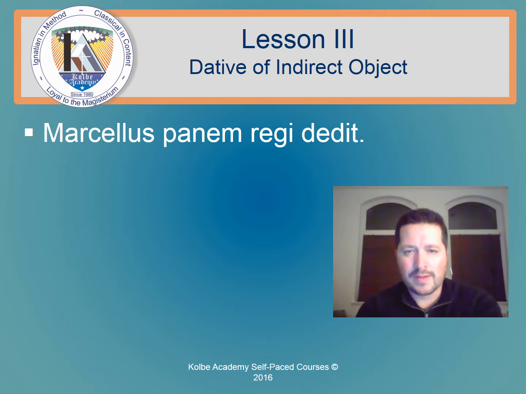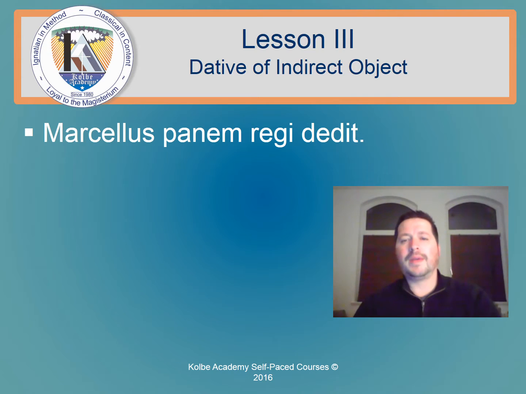Now I wanted to do this one because you should know all of these words, I think, and I wanted to use different declensions. So we have panem from panis, and we have regi from rex, regis.